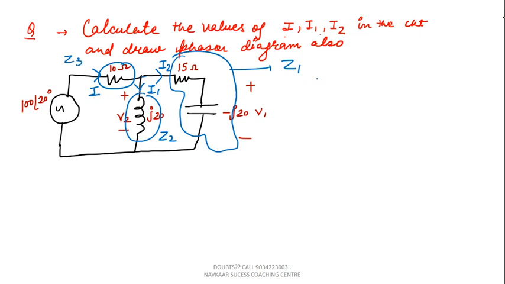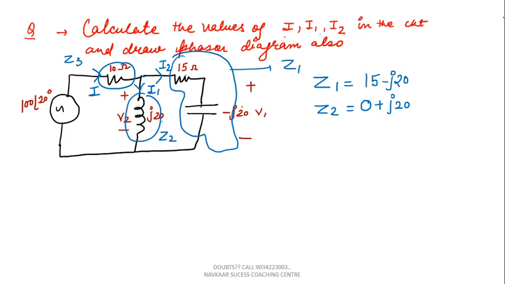So I am writing down the values. Z1 is how much? You can see that 15 and minus J20 are in series, so I can write 15 minus J20. This is the value of Z1. Z2 is how much? There is no resistance, so in place of resistance we write 0 plus XL, that is J20.